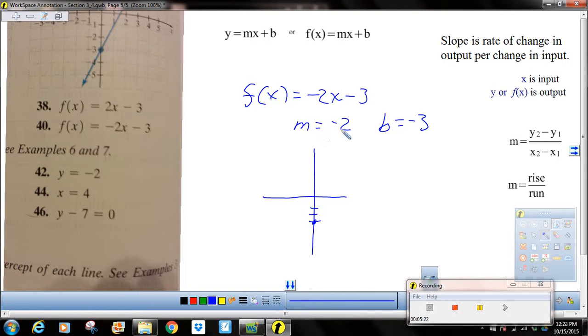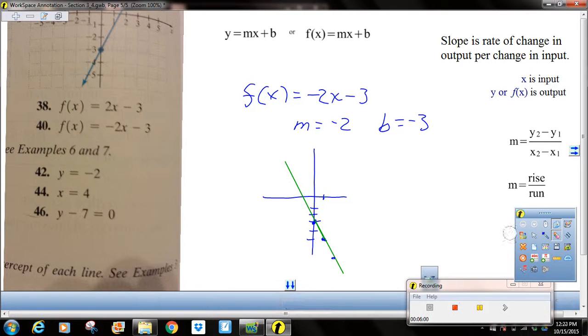The slope says it's -2, so each time I take a step over, I'm going to go down 2. I'm going to use a line drawing tool this time so I don't do such a bad job drawing the line. There. And that's the graph of the line. It hit at -3. Y-intercept's -3. Slope is -2. It goes down 2 every time you go over. So I could have put more dots on if I wanted more points. Down 2 over 1.